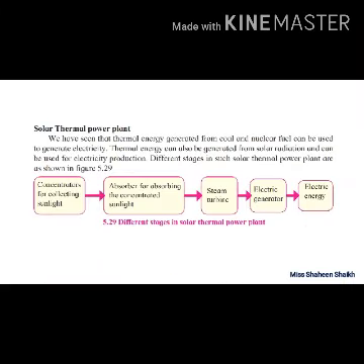The different stages in such a solar thermal power plant are as follows: concentrators for collecting sunlight, an absorber for absorbing the concentrated sunlight, a steam turbine to generate electricity, and an electric generator to convert kinetic energy into electric energy.